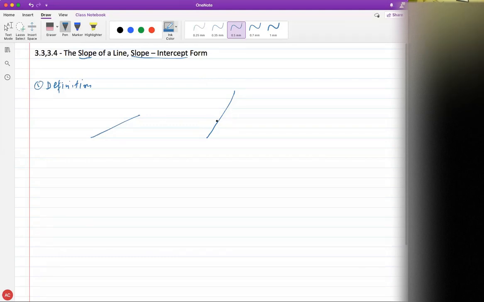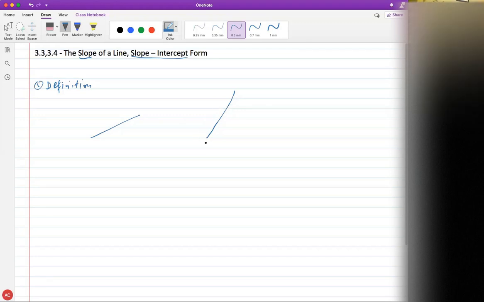So this one we say is steeper than this, just like a hill or a flight of stairs. Some are steeper than the others. If you imagine this as a hill or a flight of stairs, it looks like it's harder to climb than this one. We say it's steeper.